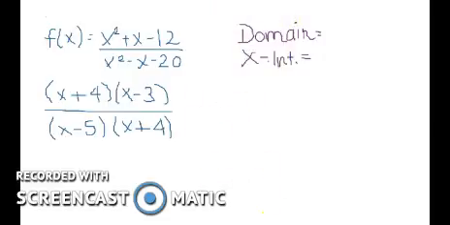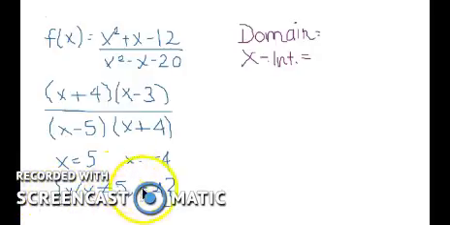So I just had to get the value of both x's. So it would be x is equal to 5 and x is equal to minus 4. So our domain would be x such that x is not equal to 5 nor to minus 4. So this is our domain.